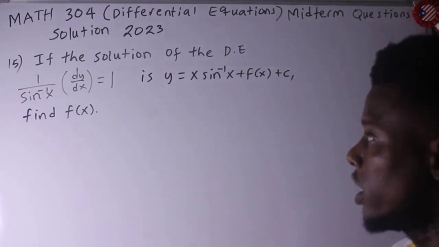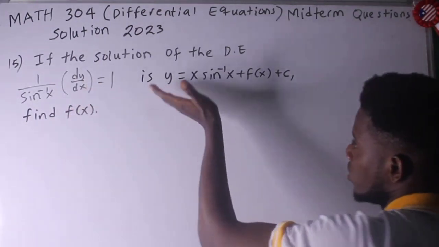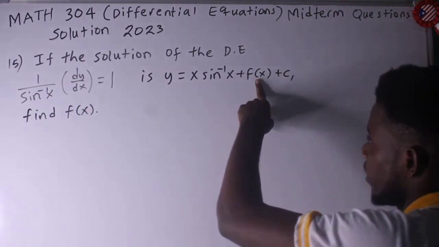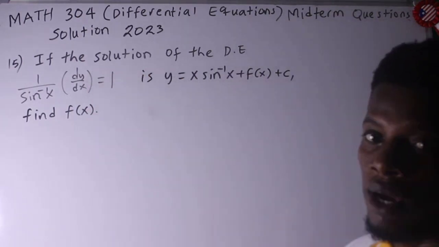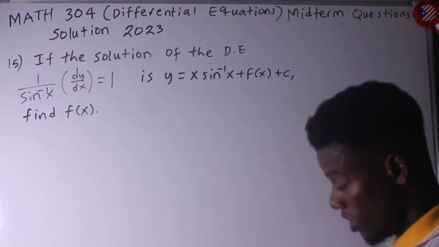Differentiate in the sense that we find dy by dx, and then we try to find the value of L of x by integrating after comparing this and that. But what we have to do here is just simple.